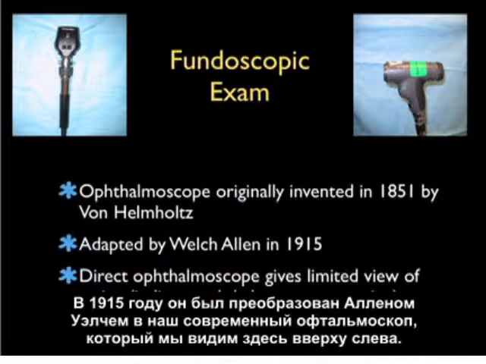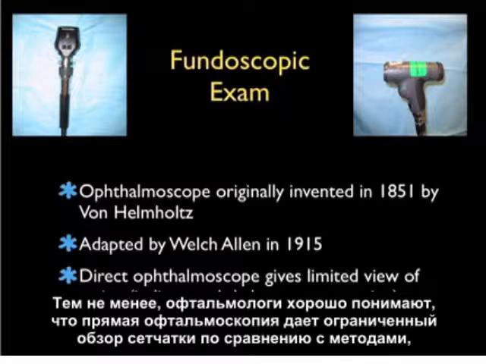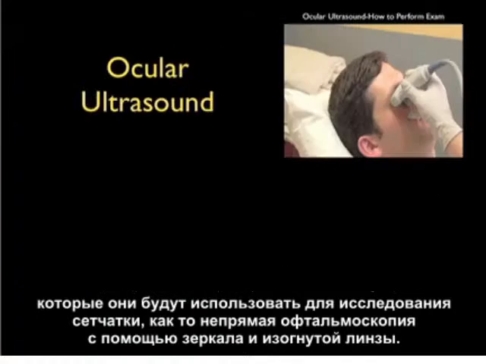Now, this was adapted in 1915 by Welch Allyn into our modern ophthalmoscope that we see here to the upper left, and we've had a slight improvement with the fundoscopic gun as shown here towards the right, which may give a better view of the retina. However, it's well understood by ophthalmologists that direct ophthalmoscopy gives a limited view of the retina in comparison to the techniques that they'll use on examination of the retina, which is indirect ophthalmoscopy using a mirror and curved lens.